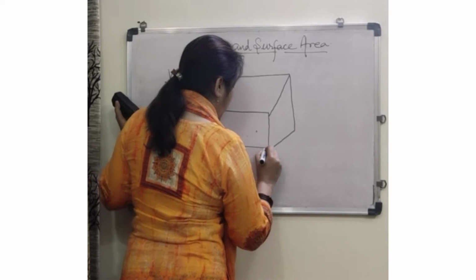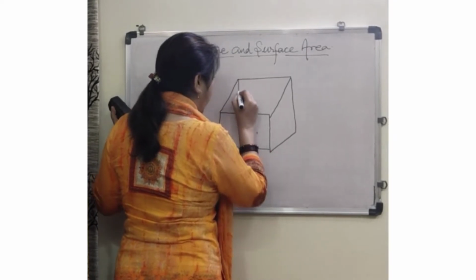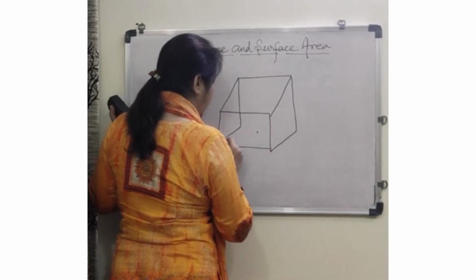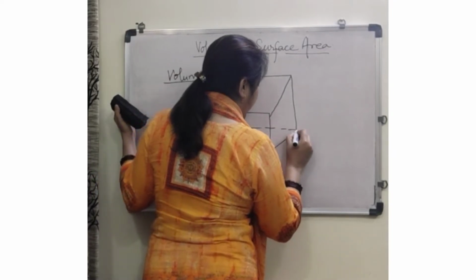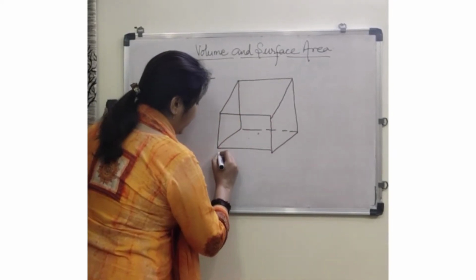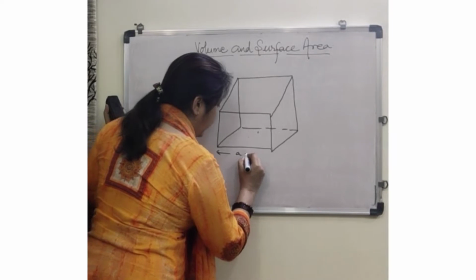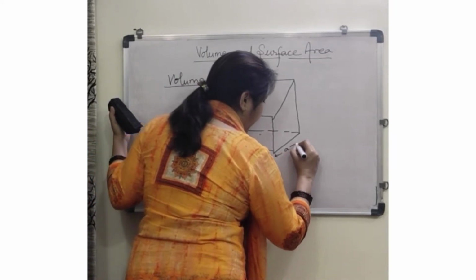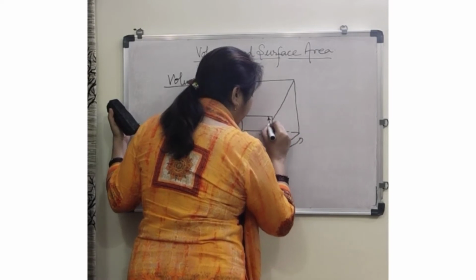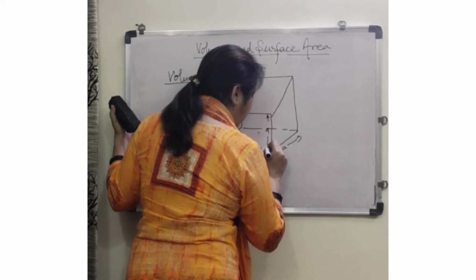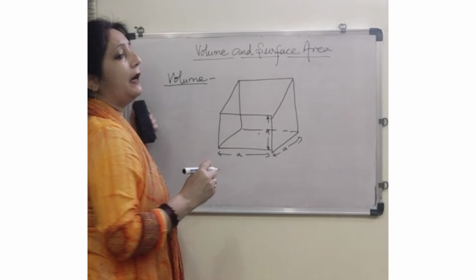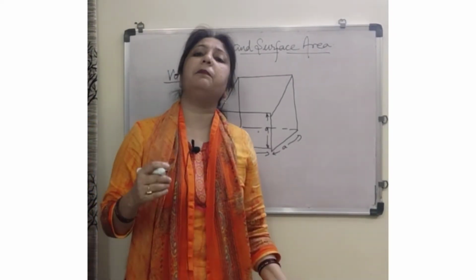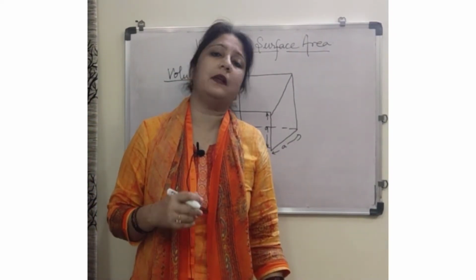Children, in 2D we call them sides, whereas in 3D shapes we call them edges. If this is length, say A, this is breadth, this is also A unit, and this is height, also A unit. Means all three dimensions, length, breadth and height are the same.